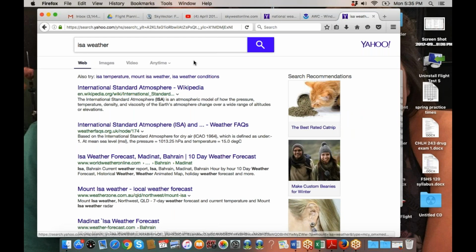So basically at sea level we're 15 degrees Celsius, and then each 1,000 feet we go up, it goes down in temperature by 2 degrees. So at 1,000 feet, what is ISA for us? 13 degrees.